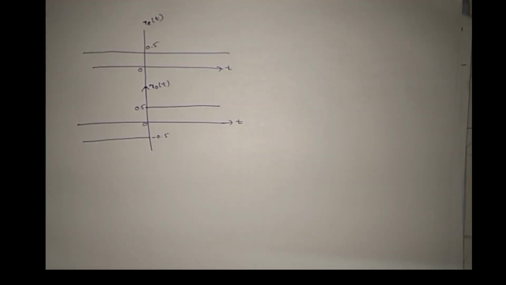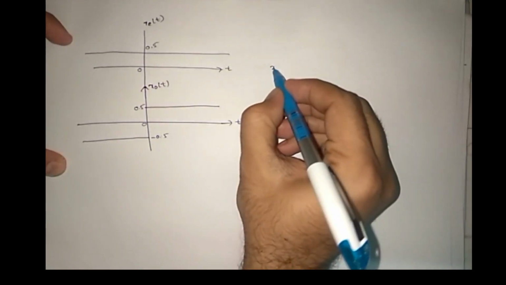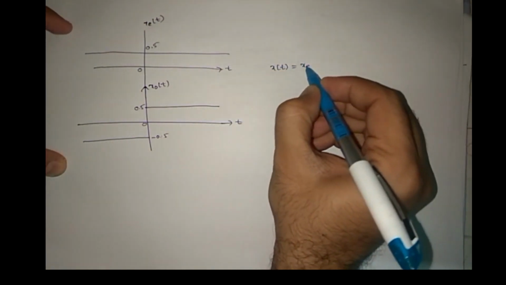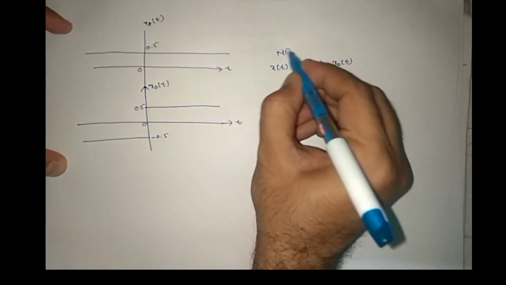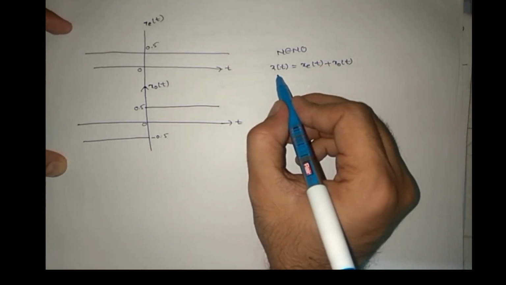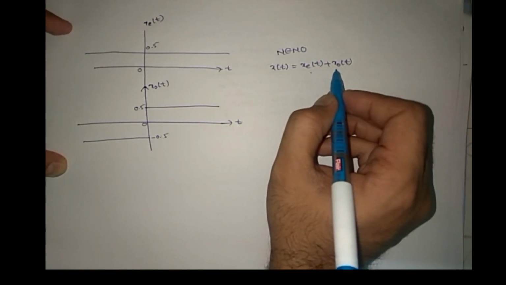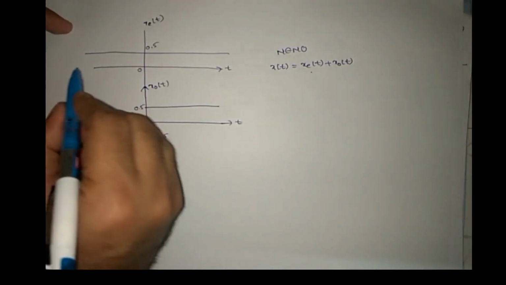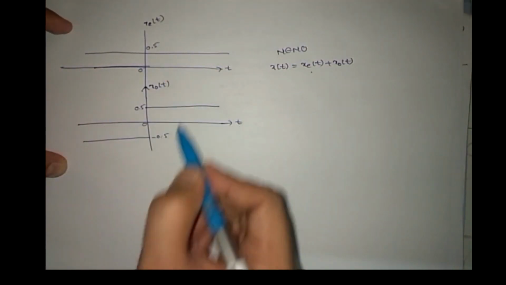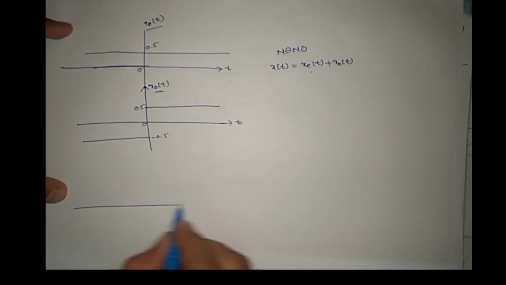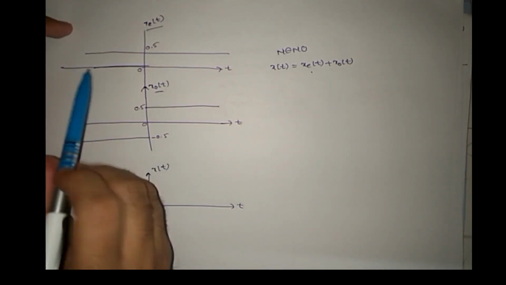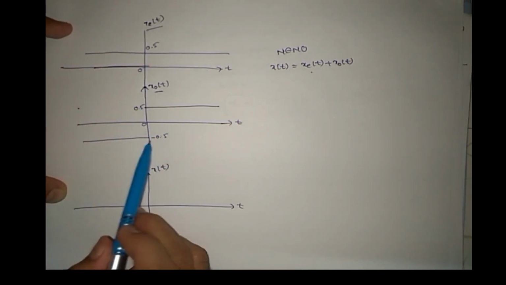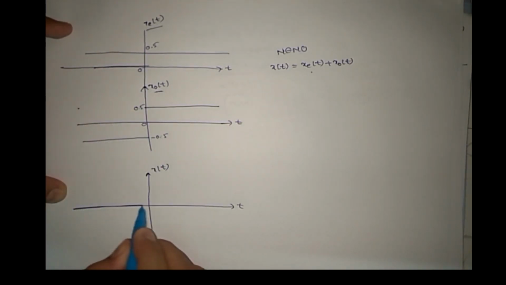So let us verify the definition. We said the signal x of t, which is neither even nor odd, is a combination of an even part and an odd part. The even part of the signal is this one and the odd part is this one. If we add these two, let us see whether we get x of t or not. Here plus 0.5, here minus 0.5 will get cancelled, it is 0 only, right?